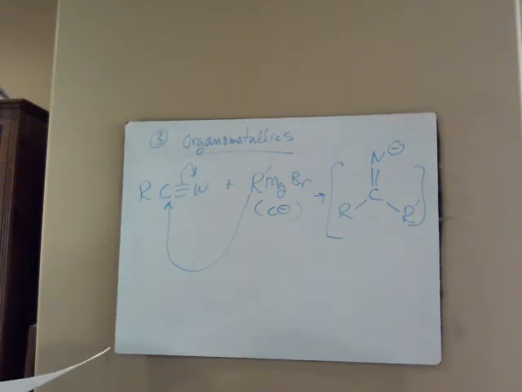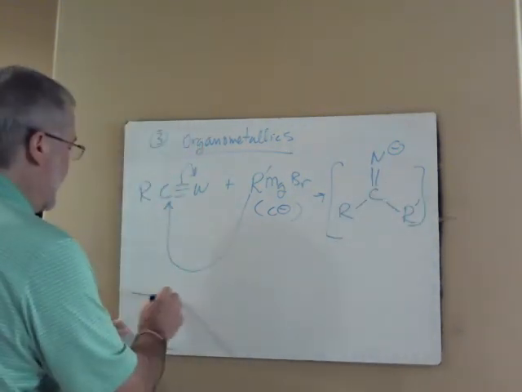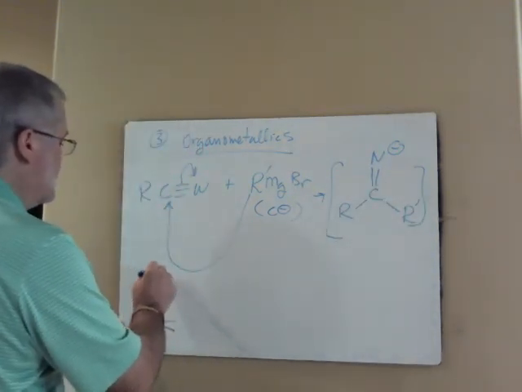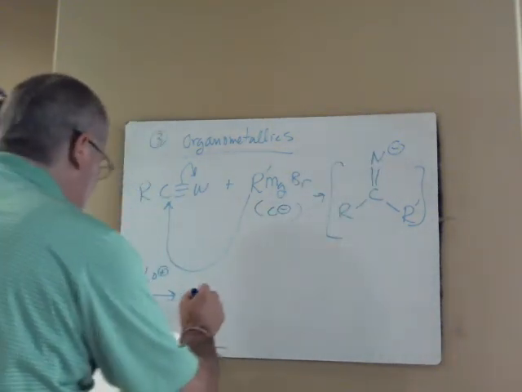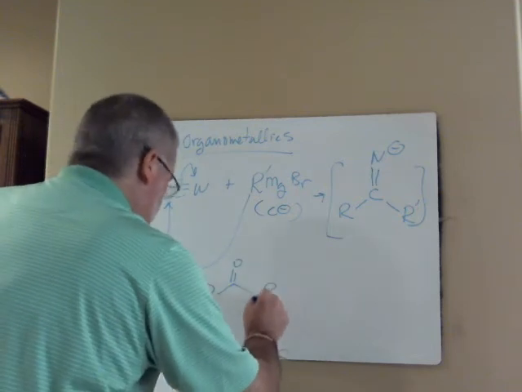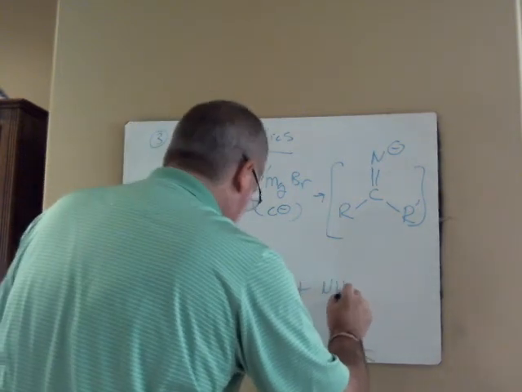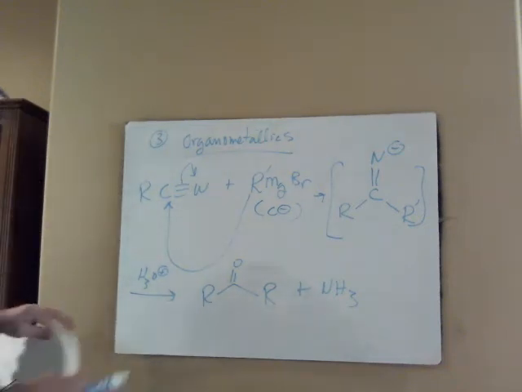Okay? And then that, in the presence of acid, where we're going to protonate that, actually in the end forms the ketone plus NH3. Now, how is that happening?